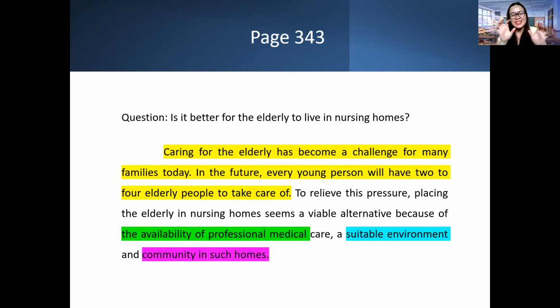I added this because the third body paragraph in your textbook actually mentions this point. So please edit it yourself, and highlight this using a different color, or you can underline it. Apart from that, I think it's a very good introduction, except that it missed the third point.